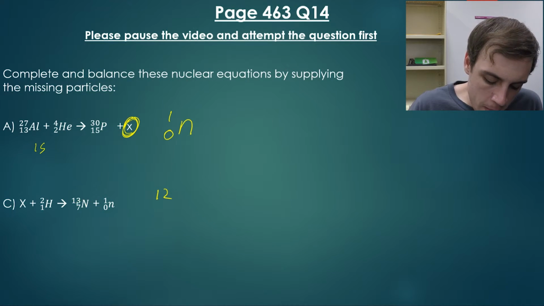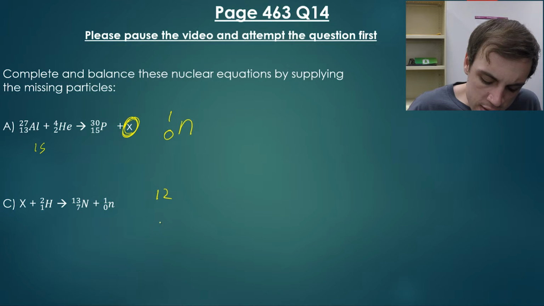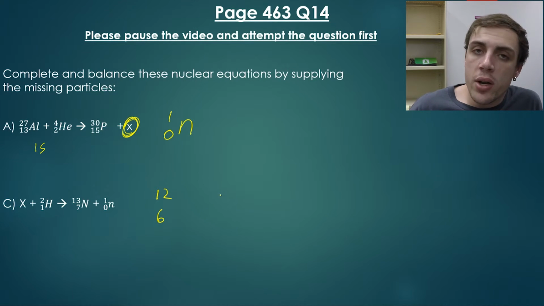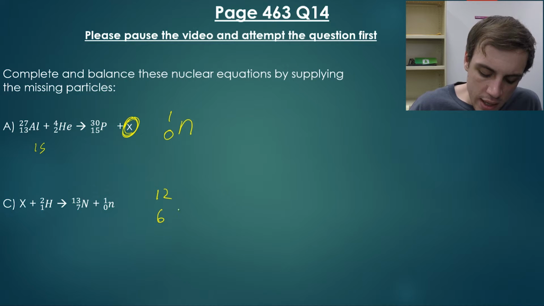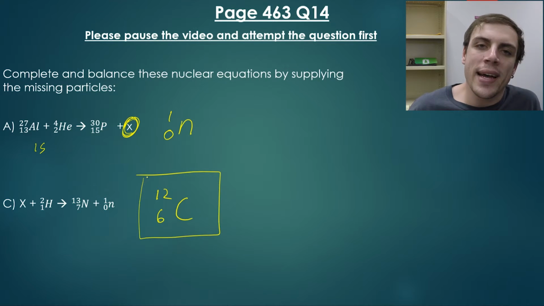Now 7 and 0 means our total atomic number is 7. So 1 plus something gives 7, so that would be 6. So we look on the periodic table and see, what has the atomic number of 6 and an atomic mass of 12? That atom is carbon. So our missing particle here is a carbon atom.